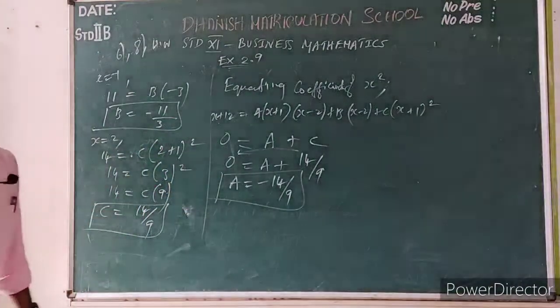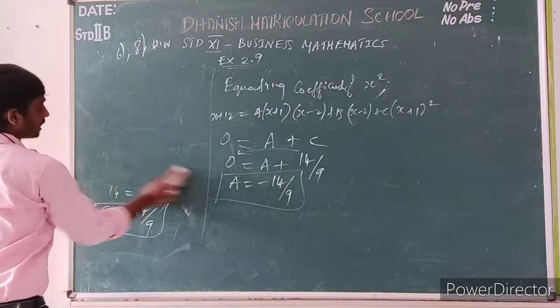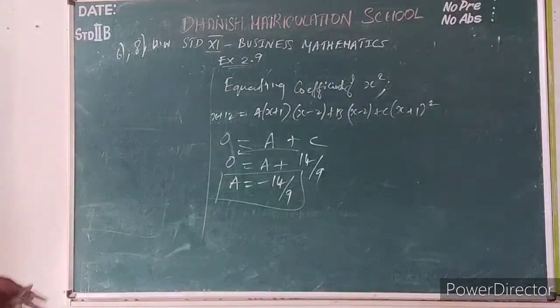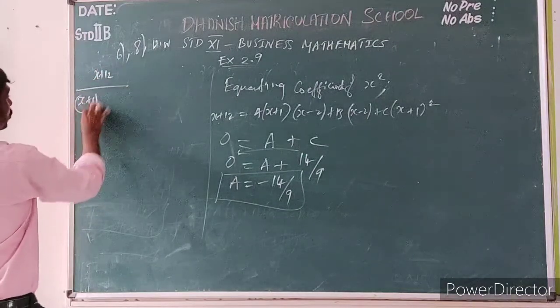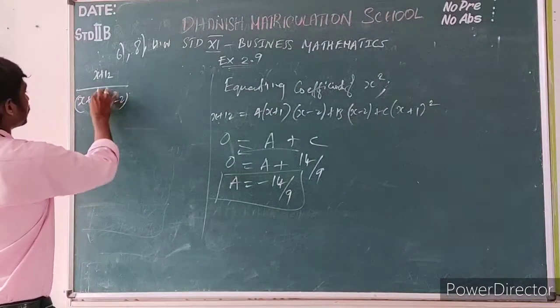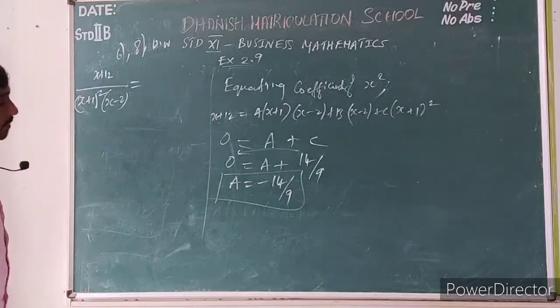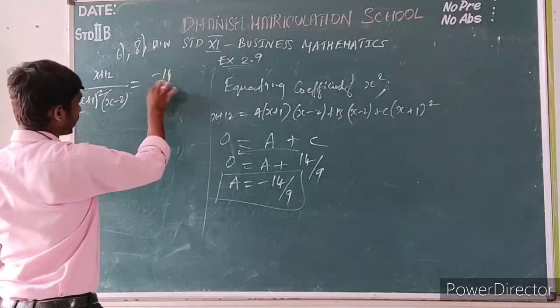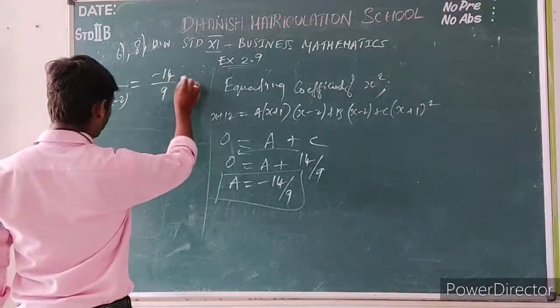Now we are going to substitute into the equation. What is the equation here? That is x plus 12 divided by x plus 1 the whole square into x minus 2, equal to, what is the a value we found here? That is minus 14 divided by 9 plus, what is the b value?